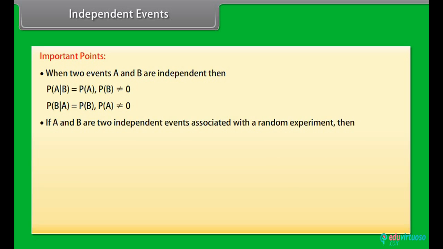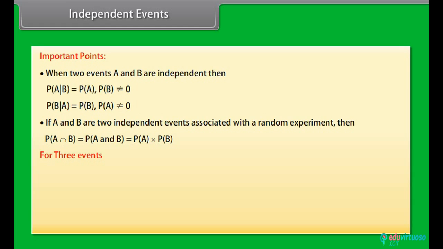If A and B are two independent events associated with a random experiment, then probability of A intersection B is equal to probability of A into probability of B.